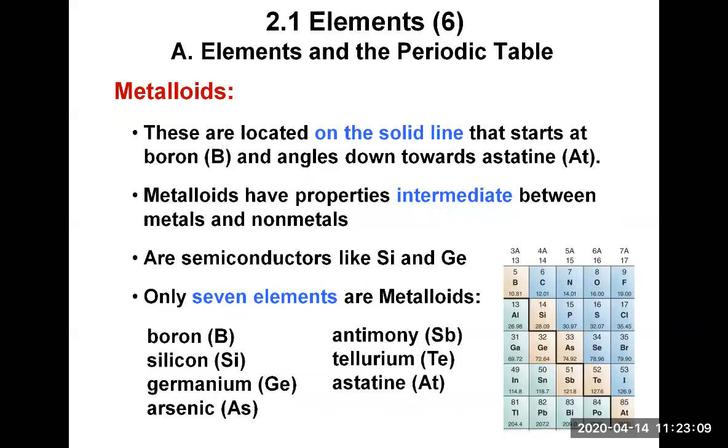And then there are the metalloids, which are located on the solid line that starts from boron and angles down towards astatine. Here is the piece of the periodic table where you see them. As their locations suggest, they have properties that are intermediate between metals and non-metals.